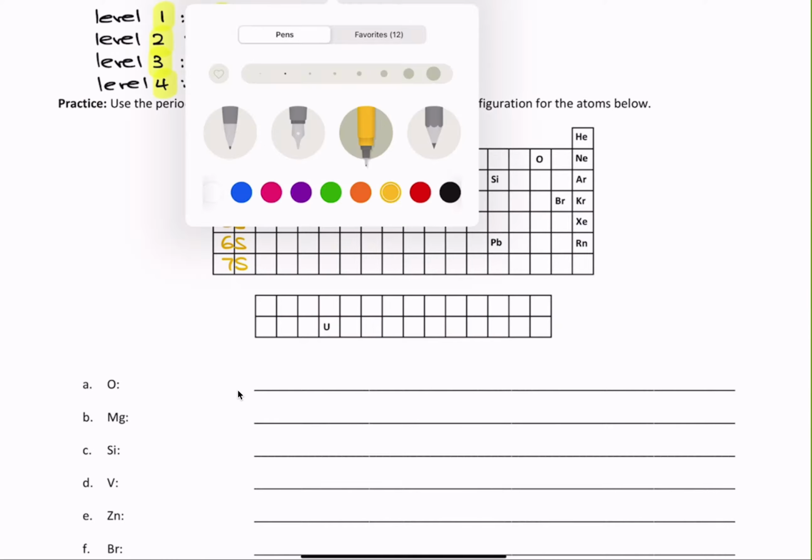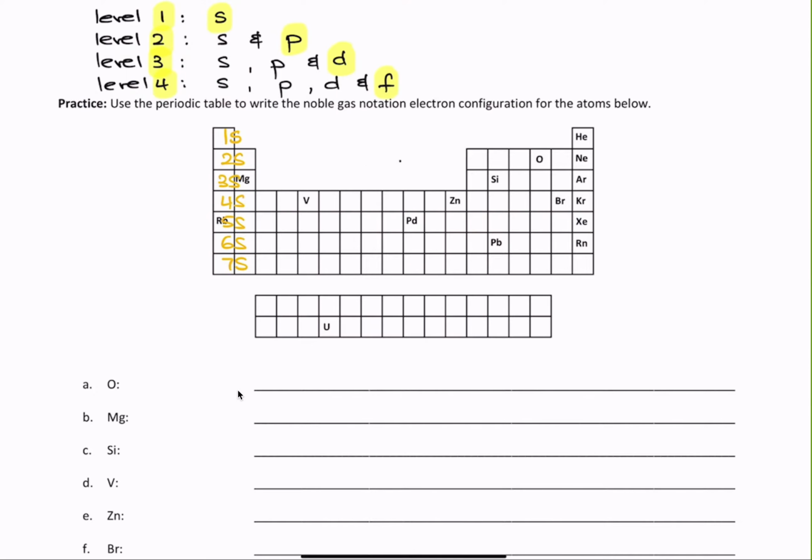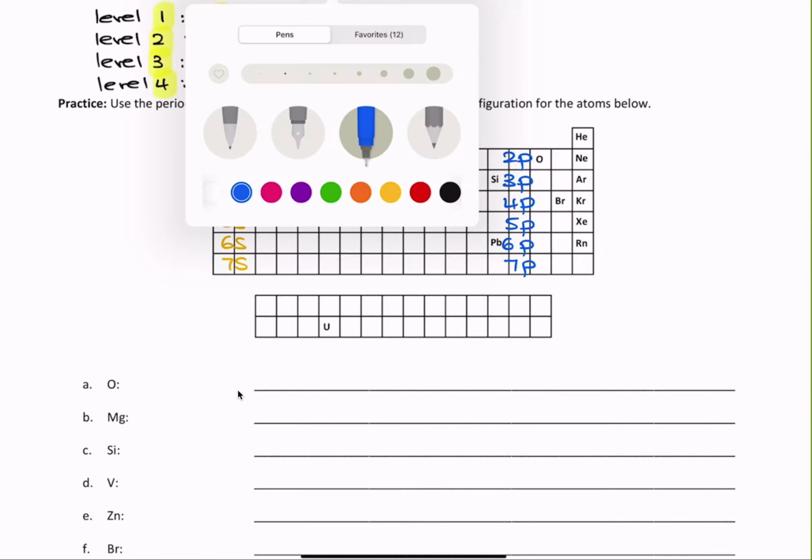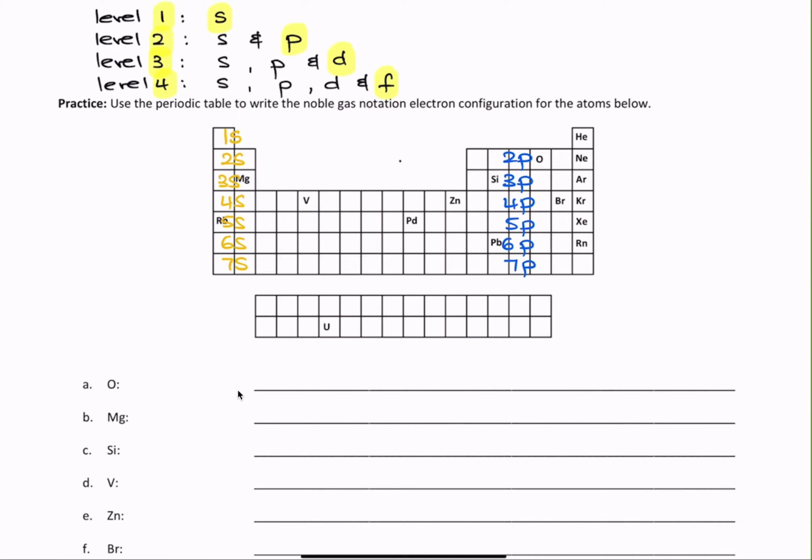Then I'm going to go in the P block on the right side. P starts at 2, so I start at 2, 3, 4, 5, 6, and 7. D starts at 3, and I know that the D block is in between the S and the P block. So here's my 3D, 4, 5, 6.